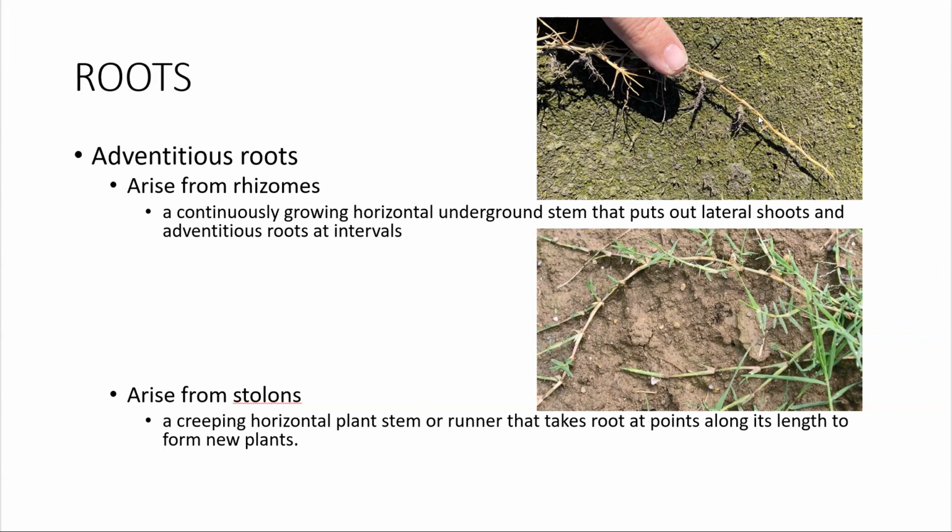Eradicating Bermuda grass can be a real challenge because if you chop it up, mow it up, try to dig it out, every single little piece of rhizome that has a node on it will essentially become a brand new plant when it comes out of dormancy.